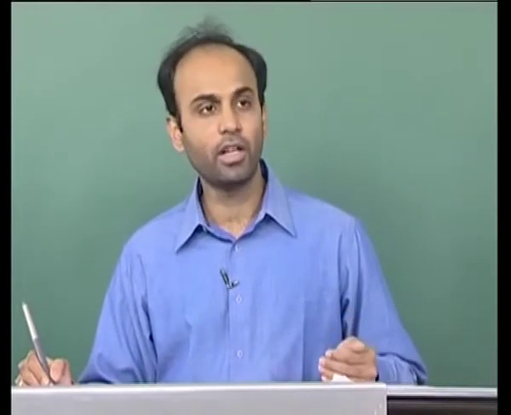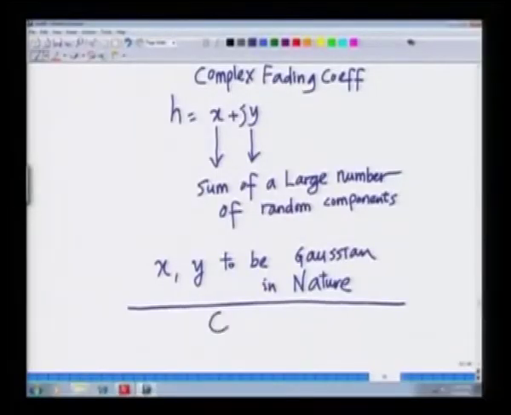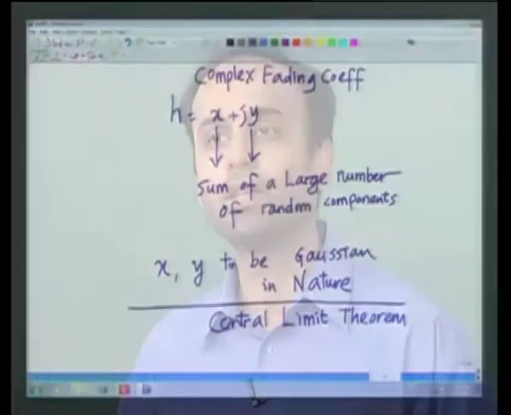All right, and for more details, you can refer to an advanced property known as the central limit theorem, which gives more information about why a large number of random quantities, when they add up, result in a Gaussian random variable. For the purpose of our analysis, we can assume safely that this x and y exhibit Gaussian nature.